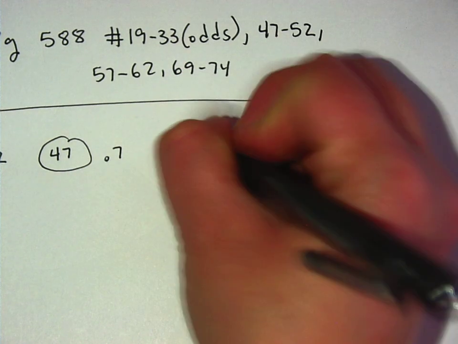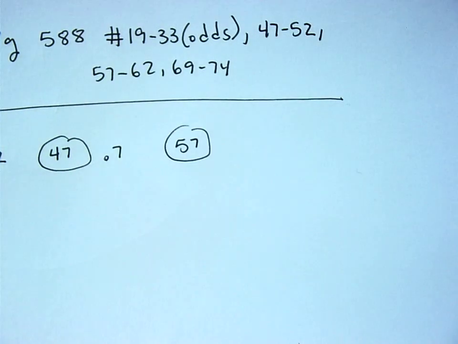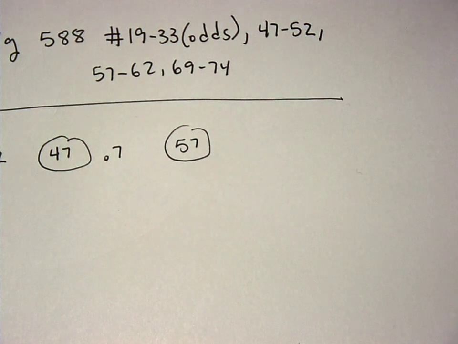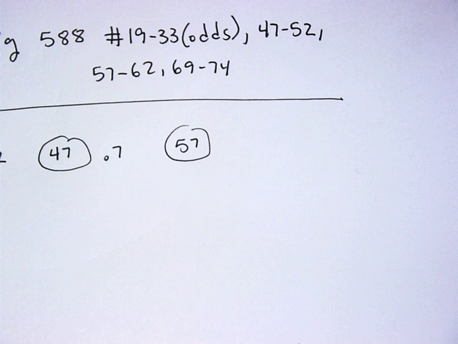Next one I want to do is 57. 57 says, without using a calculator, decide whether this is positive or negative. The cosine of 2. Is cosine x or y? X. Find 2.